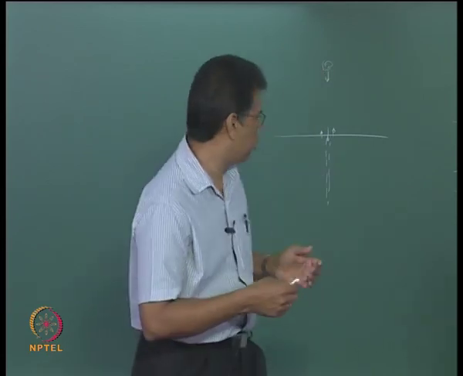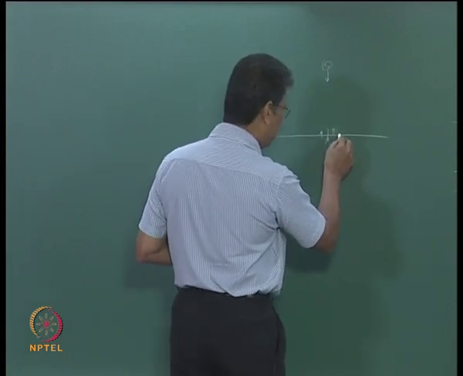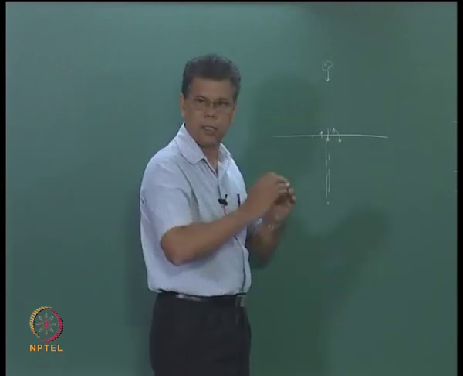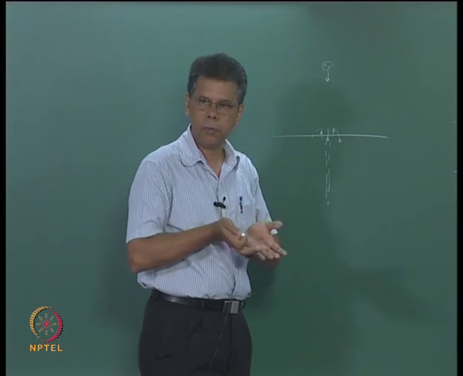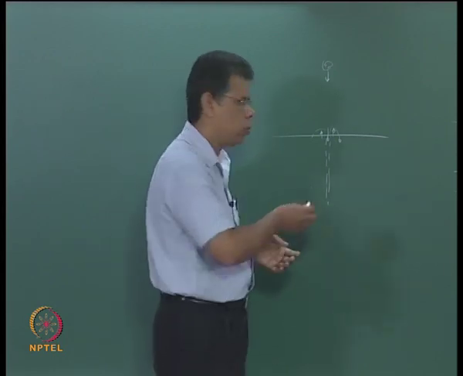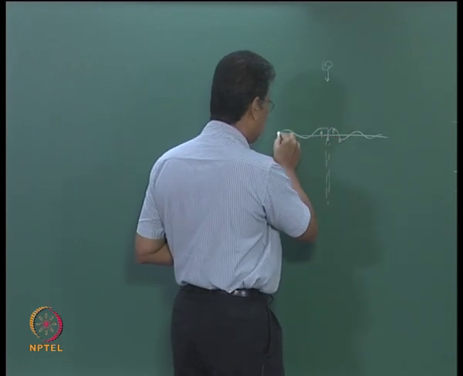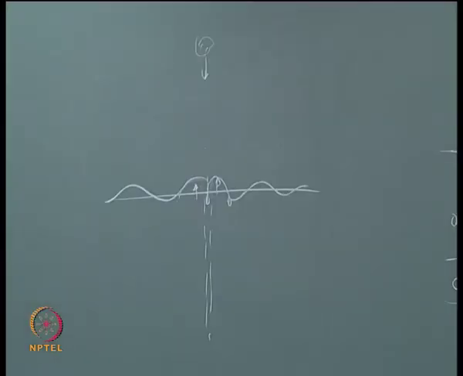When it is being pulled down, the same thing is repeated: it pushes the next column down, and that column emerges out. So this will go on like this. That is how waves are created.